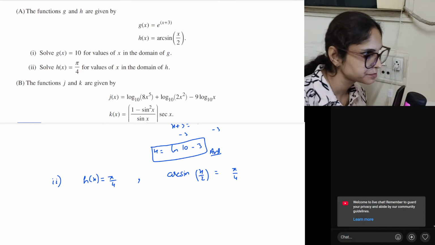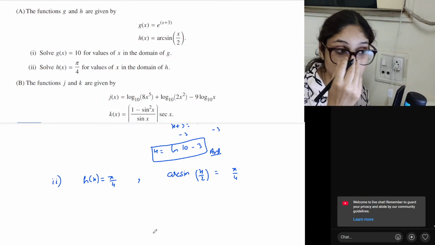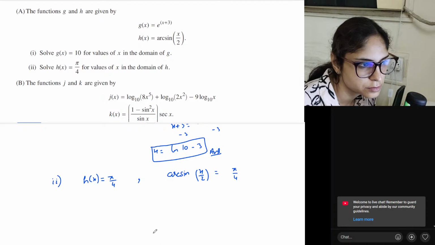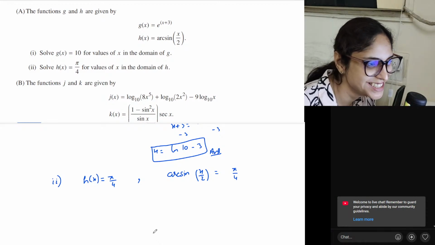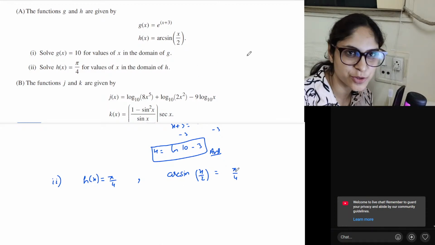Now what is the domain of h? For arc sine, the domain is from -1 to 1. So from here arc sine x over 2 is equal to pi over 4.